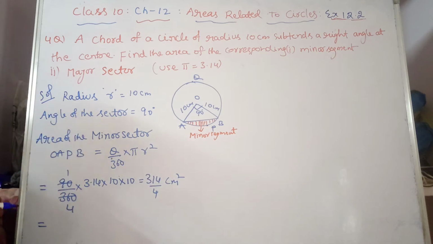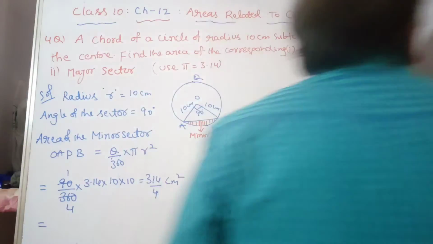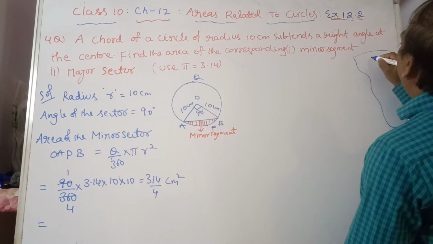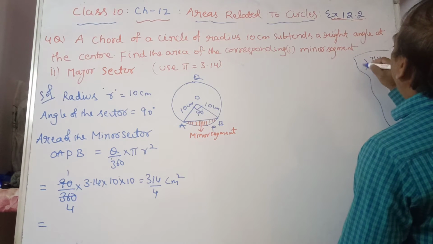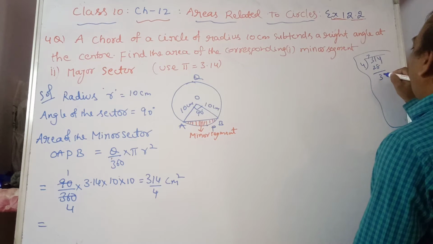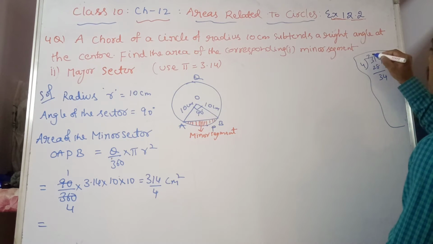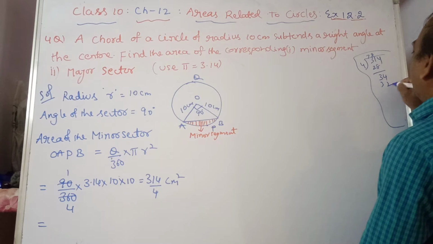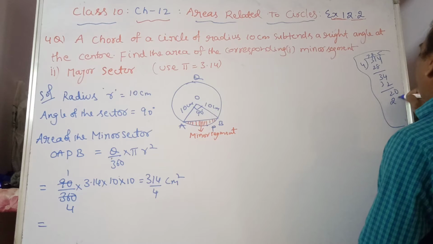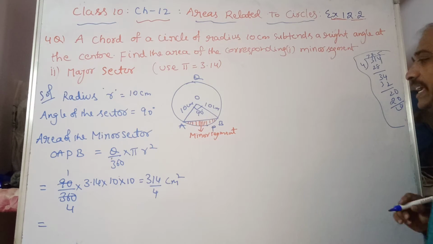If you convert that into decimal form, here I am doing the rough work. 314 divided by 4: 4 sevens are 28, 11 minus 8 is 3, and 34, 4 eights are 32, 2, put point 0, 4 fives are 20. So 78.5 centimeter square.